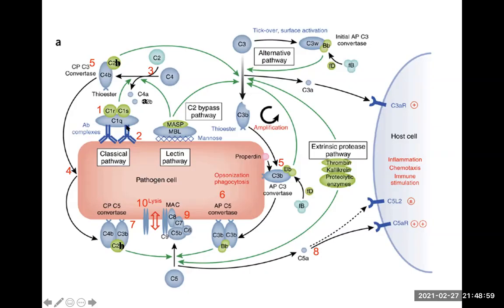Again, it can bind either directly to the cell membrane or to the antibodies. That was step two. Step three is that the C1 complex is going to break apart. The protease of the C1 complex is going to cleave complement proteins into complement proteins C4 and C2. So C1 gets broken down into C4 and C2.